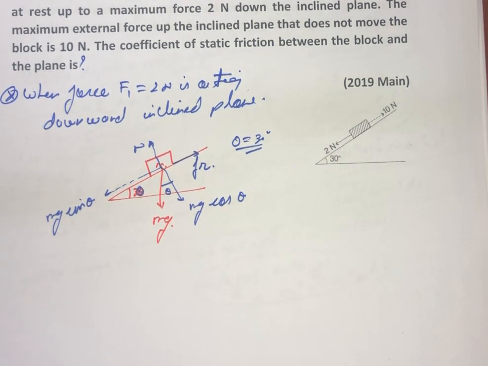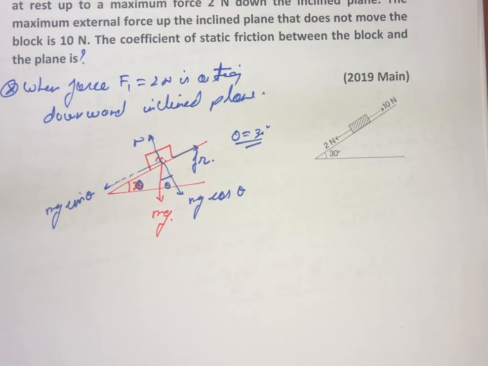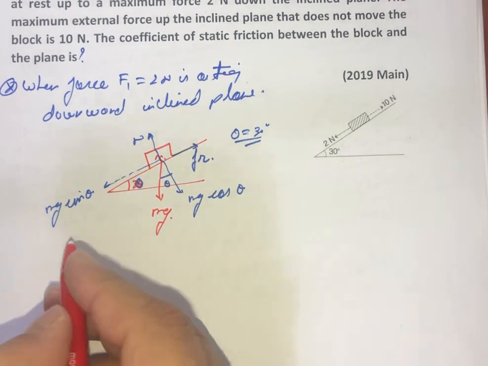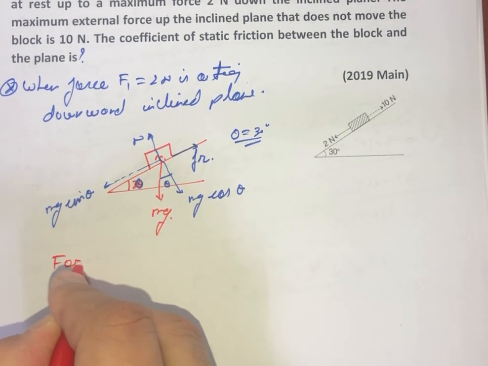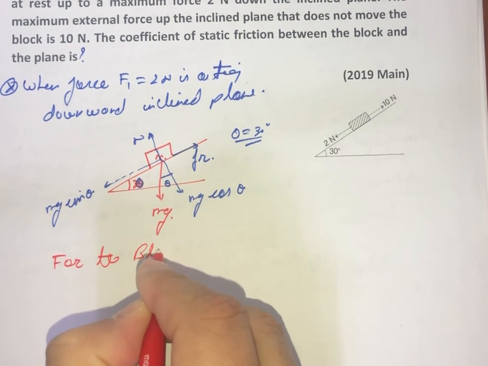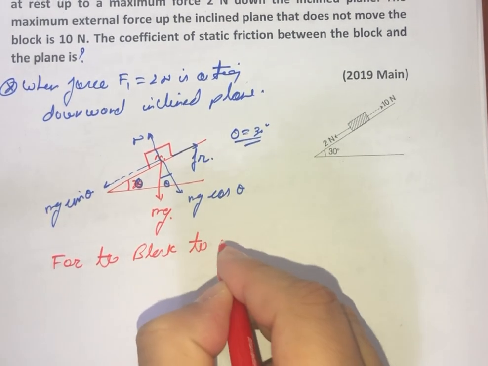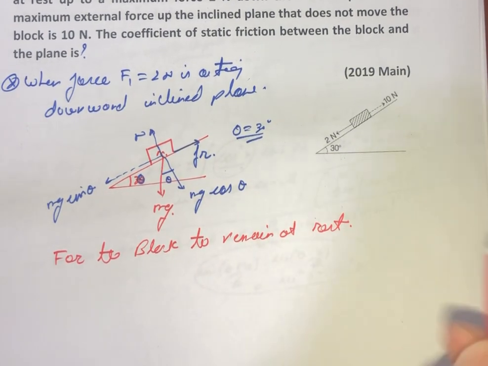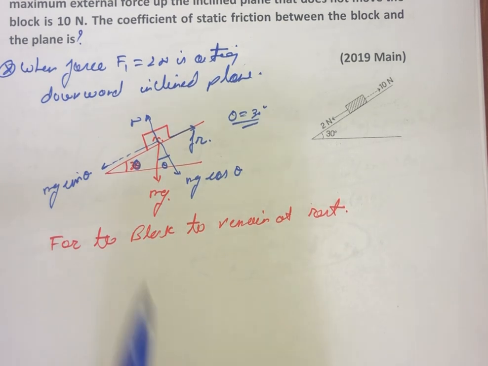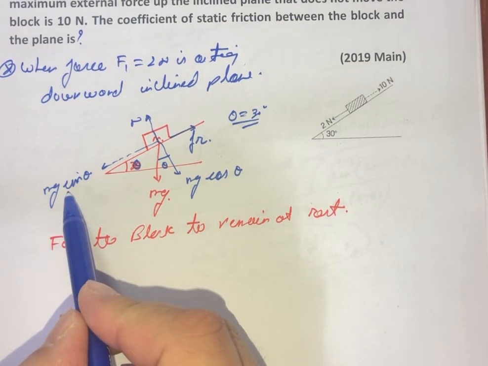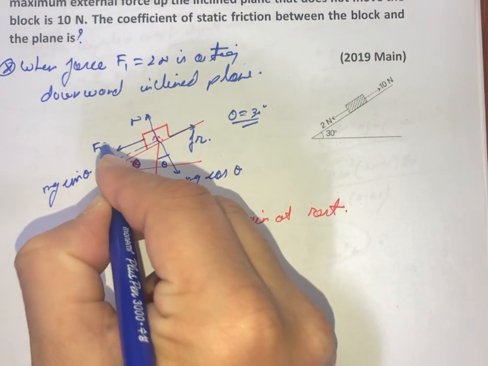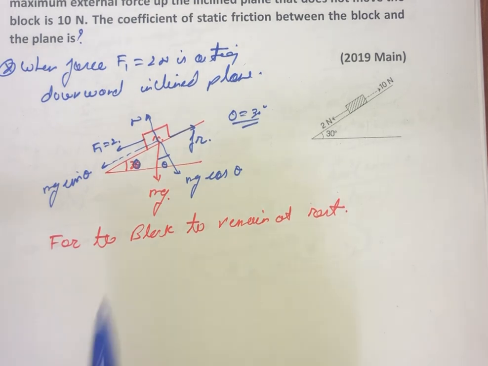So the block will remain at rest. Downward force, that is mg sin theta. Yeah, I forgot to mention 2 Newton also. This is F1, which is 2 Newton. Okay.